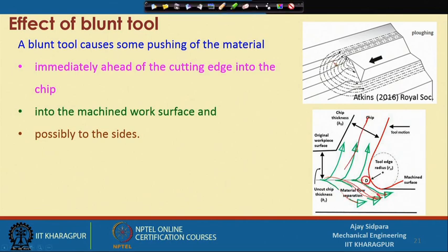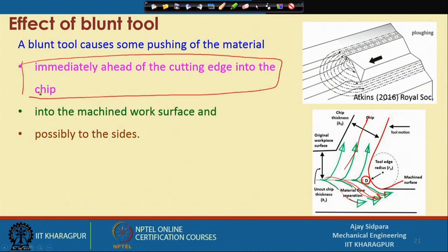Now, you can see that whatever material is in this location, this is at the front zone and we know that our tool is moving in this direction.